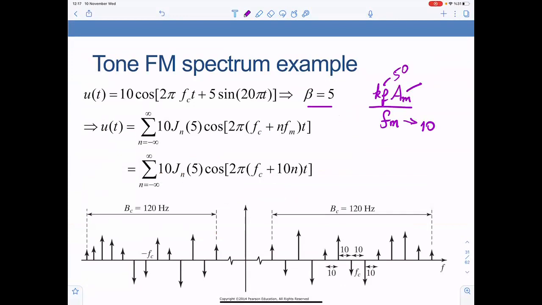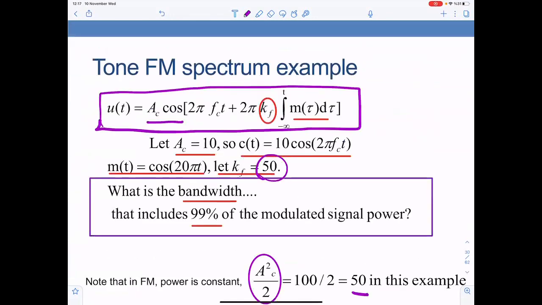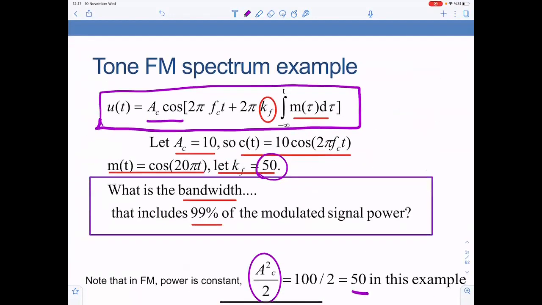So we get beta equals 5. So beta equals 5 is something that we're going to see a lot in the examples, because overall, as a rule of thumb, it's a good choice for designing a well-behaved, sufficiently wideband FM waveform. AC is 10.